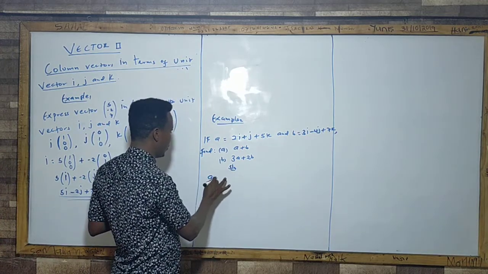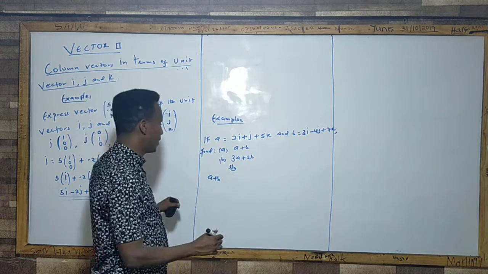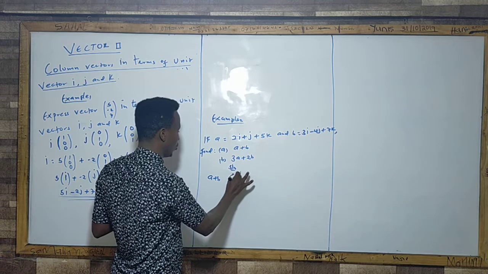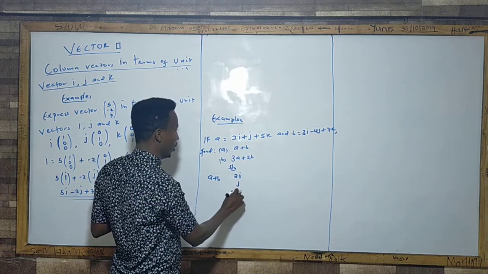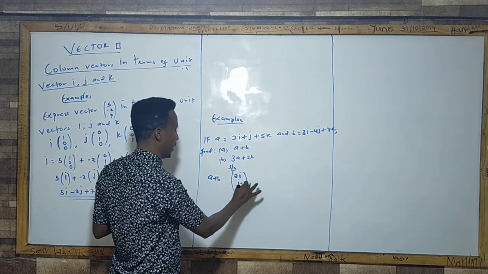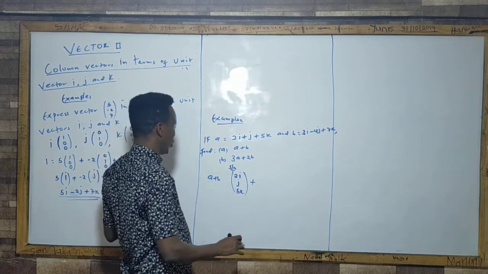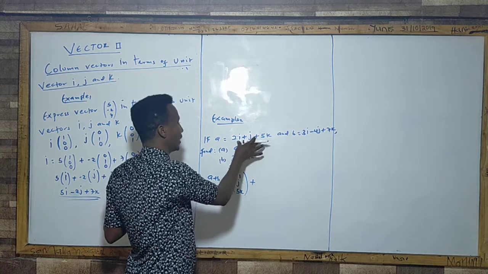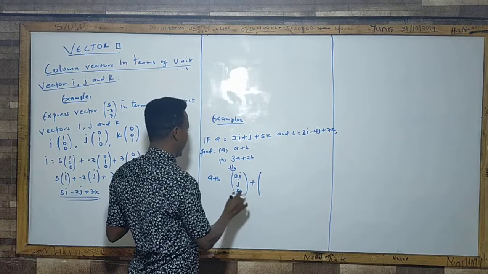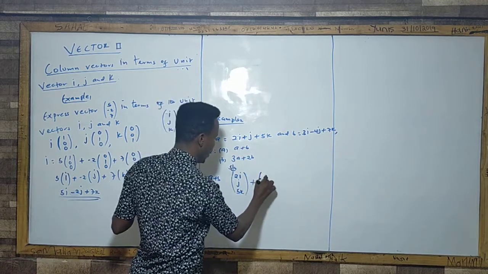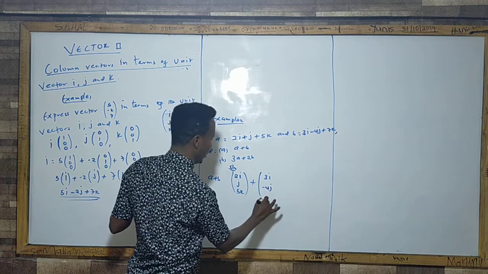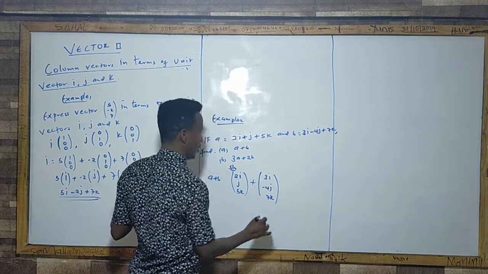We have A plus B. Let me write A in terms of column vector, yeah? So it will be 2i, j alone, 5k inside the bracket plus, because we are saying A plus B, and we know that A is equal to this one, and B is equal to this one, plus, because we have addition here, it will be 3i minus 4j, then 7k, okay.